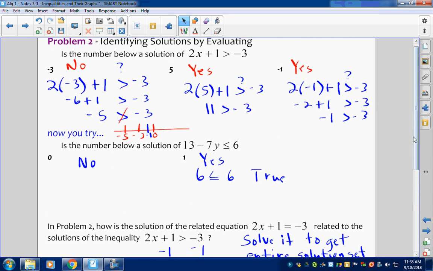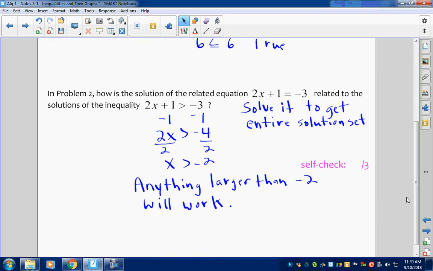So anything bigger than -2 will work. So is -3 bigger than -2? No, it's actually less than it, so no, it doesn't work. Is 5 bigger than negative 2? Yes. Is negative 1 bigger than negative 2? Yeah. So you don't have to test each and every number. You could just solve the inequality like it's an equation, and it gives you the whole solution set.